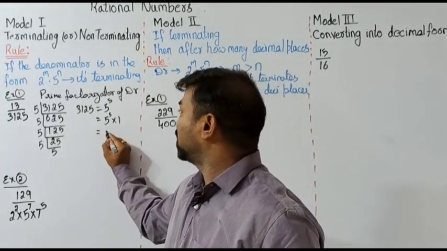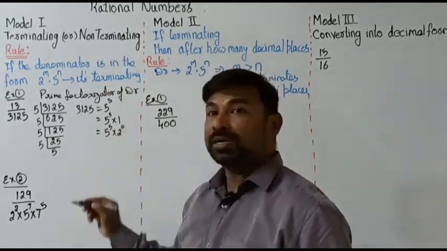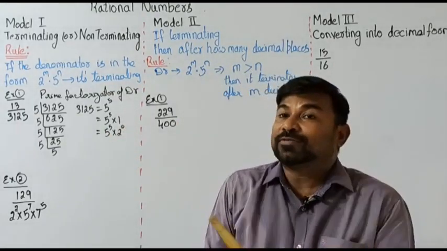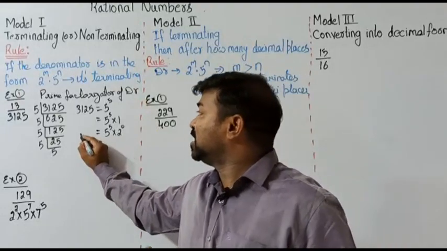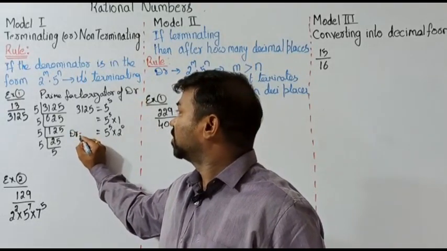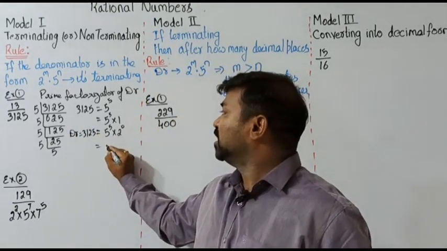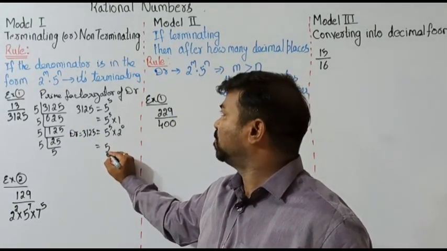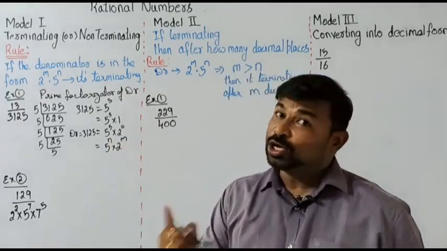No. Now, can I write it as 5 to the power 5 into 2 to the power 0? Yes, anything to the power 0 is nothing but 1. Now, are you able to see the denominator 3125? If you check it out, it is in the form of 5 to the power n into 2 to the power m, right?